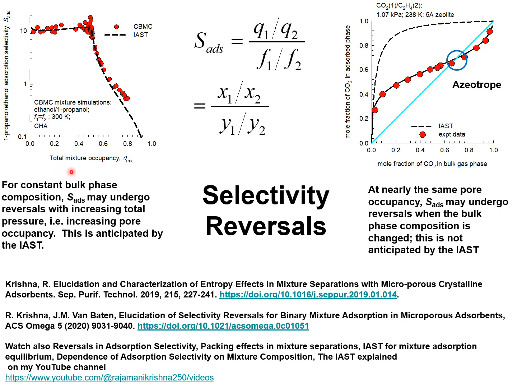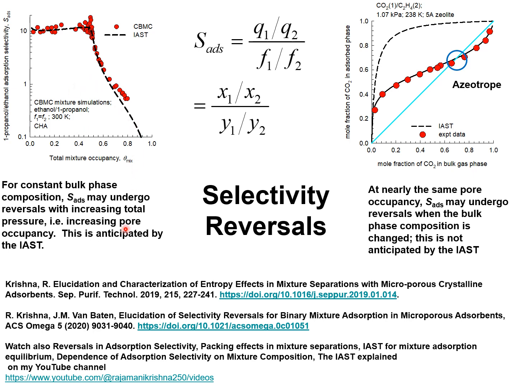With increasing pore occupancy, the selectivity of 1-propanol to ethanol decreases to values below unity, and for pore occupancies greater than about 0.7, the adsorption selectivity is in favor of the smaller molecule ethanol.